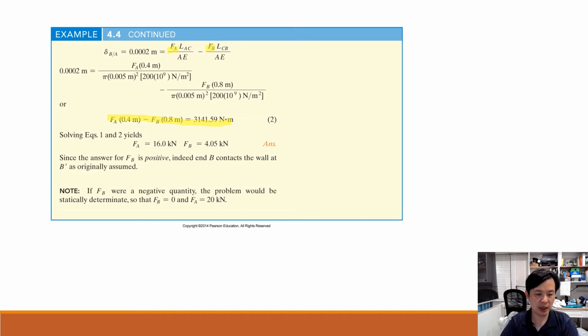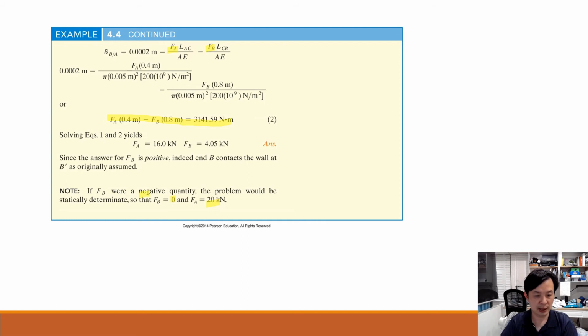It was also mentioned that if FB has a negative quantity, which means the problem could be statically determinate, FB should be 0 and FA should be 20.